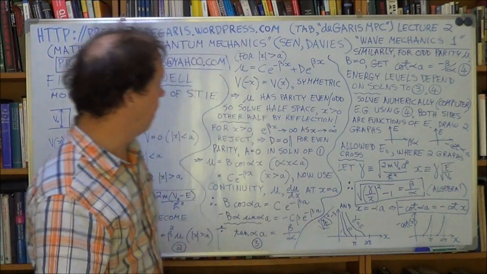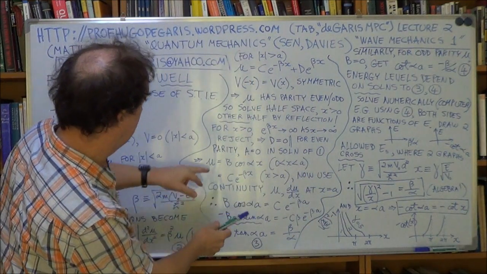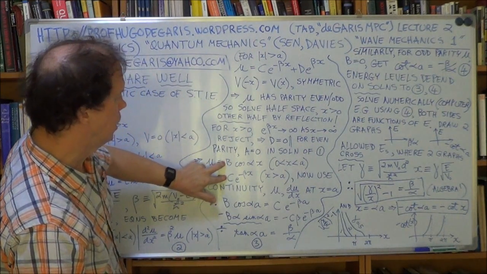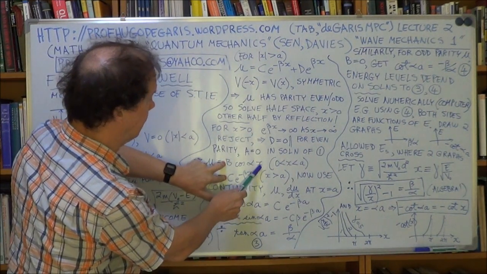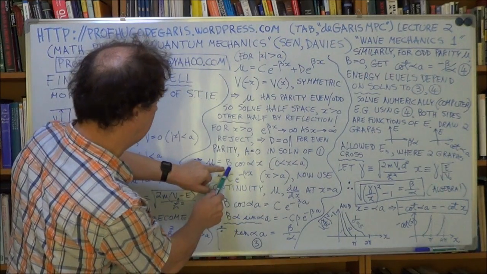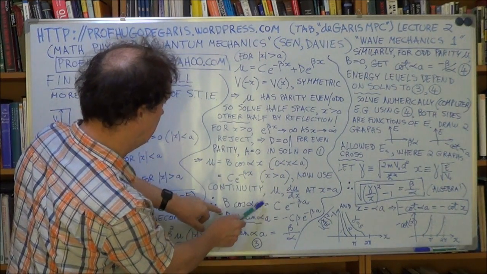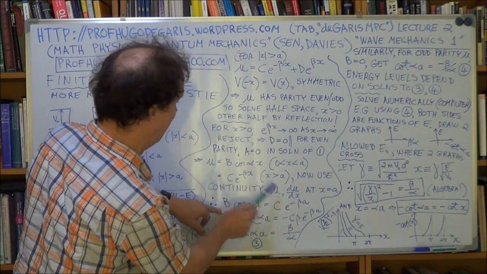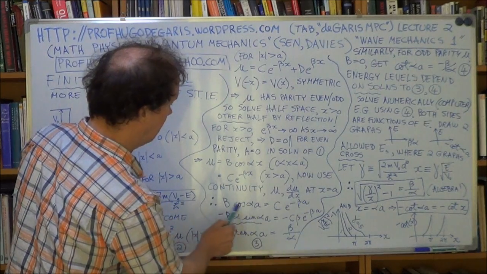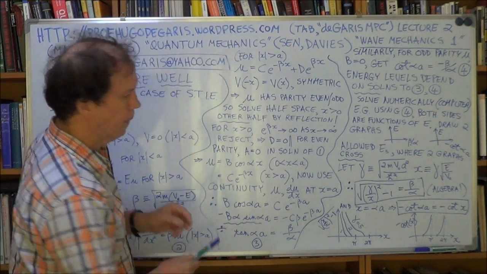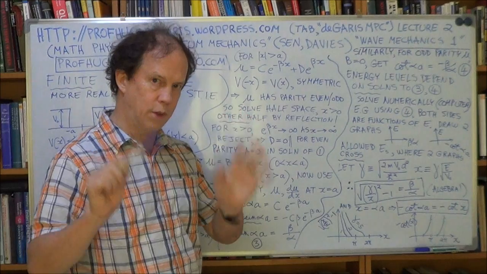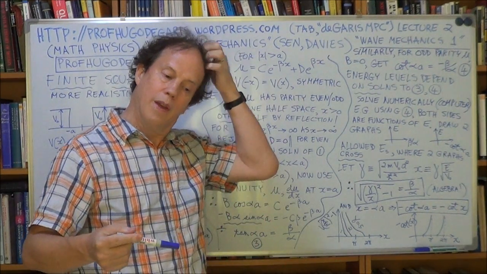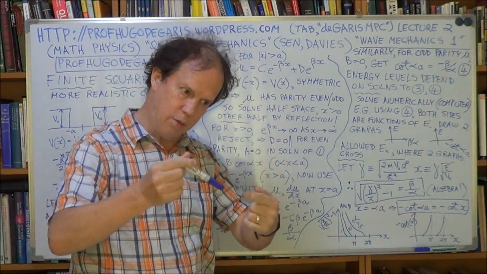Therefore you get B cos alpha a equals C e to the minus beta a, so that's where the two wave functions are equal. Now let's take the first differential, du by dx, and those two gradients have to be equal.